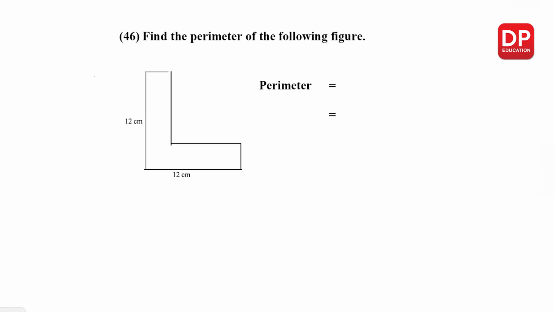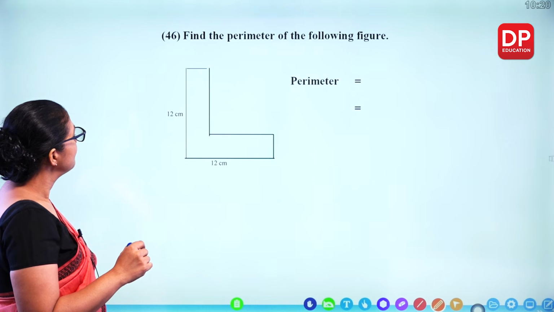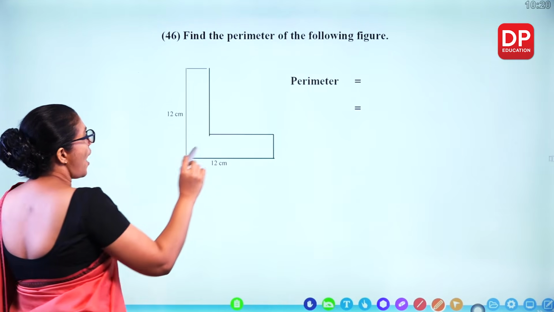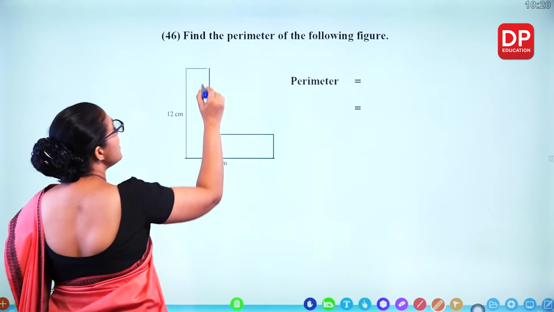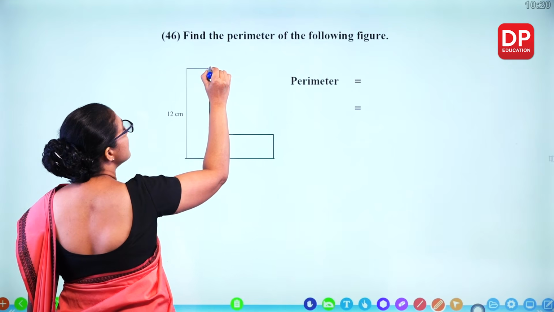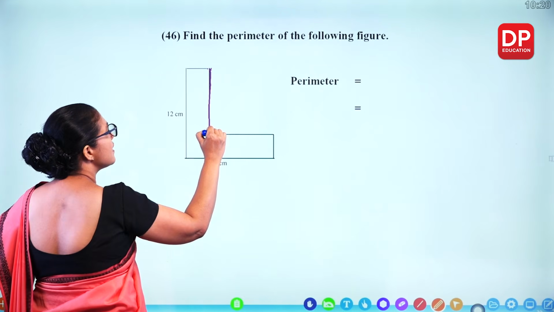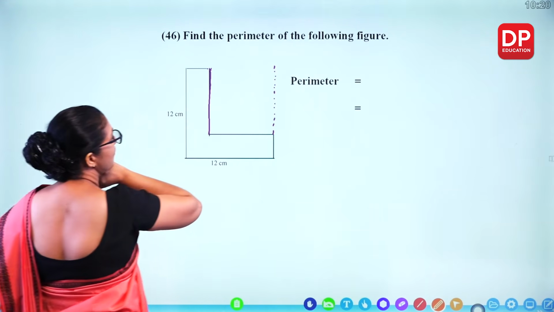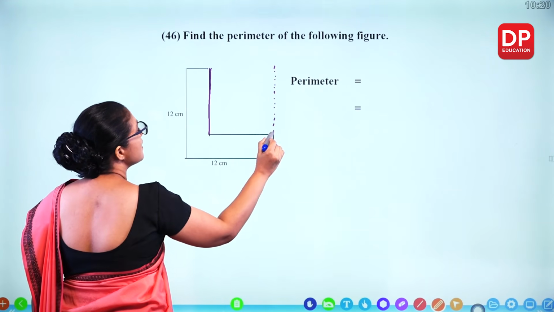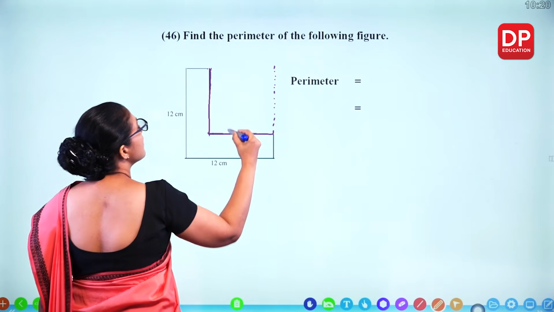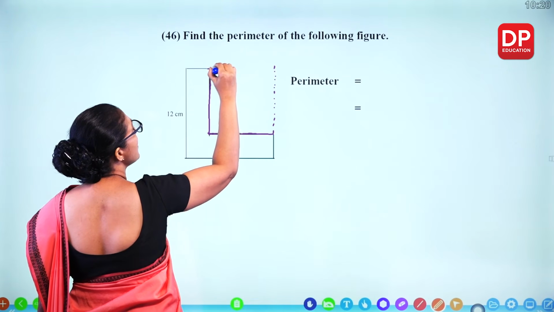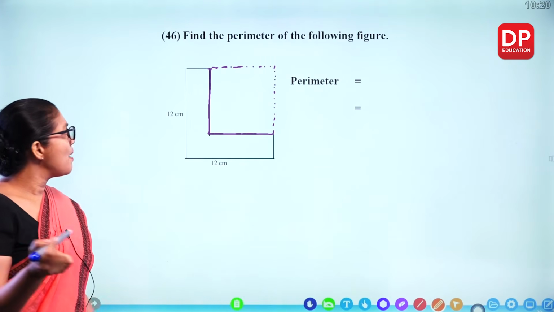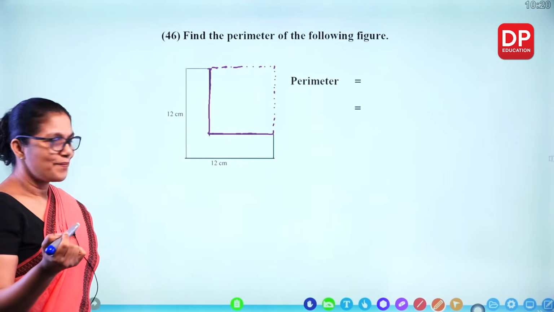Find the perimeter of the following figure. 12, 12 is there. I want to take this length here, this length I'm taking upwards. So what you get when you take this is the same as a square.